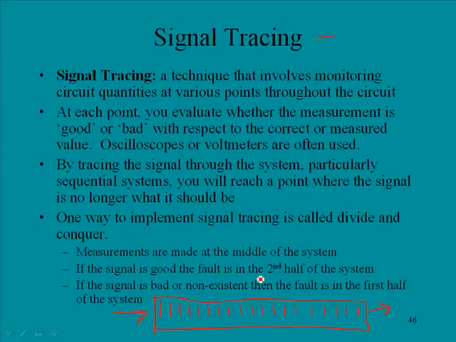Or we could just go in and say, well, let's measure right here, and make a determination: is that a good signal or is it a bad signal? Again, you have to be familiar enough with the system to determine that. If it's a good signal, then you know the problem is over here, so you divide and conquer again and make a determination: is it here or is it here? That's the concept of divide and conquer utilizing signal tracing.